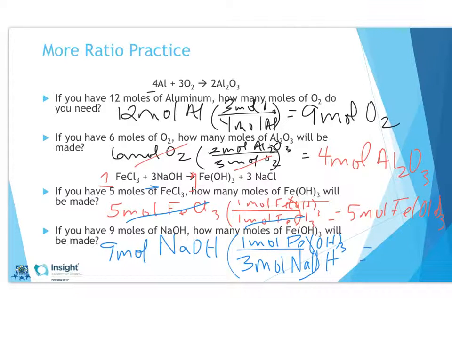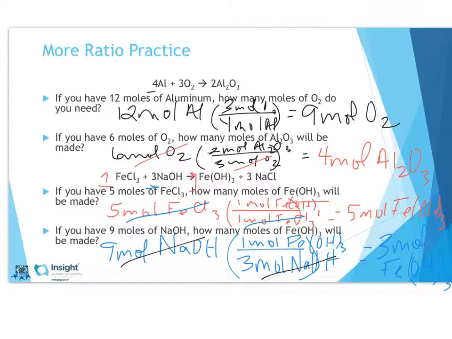So here I'm going to have 9 times 1, which is 9, divided by 3, so 3 moles FeOH3. Alright, and just to double check my work, moles of sodium hydroxide did get canceled out.